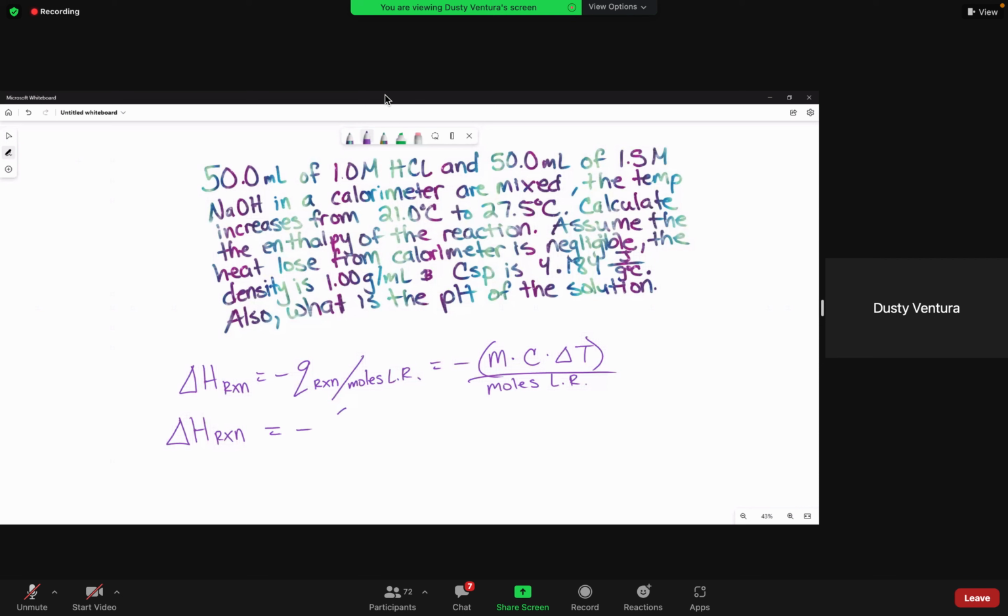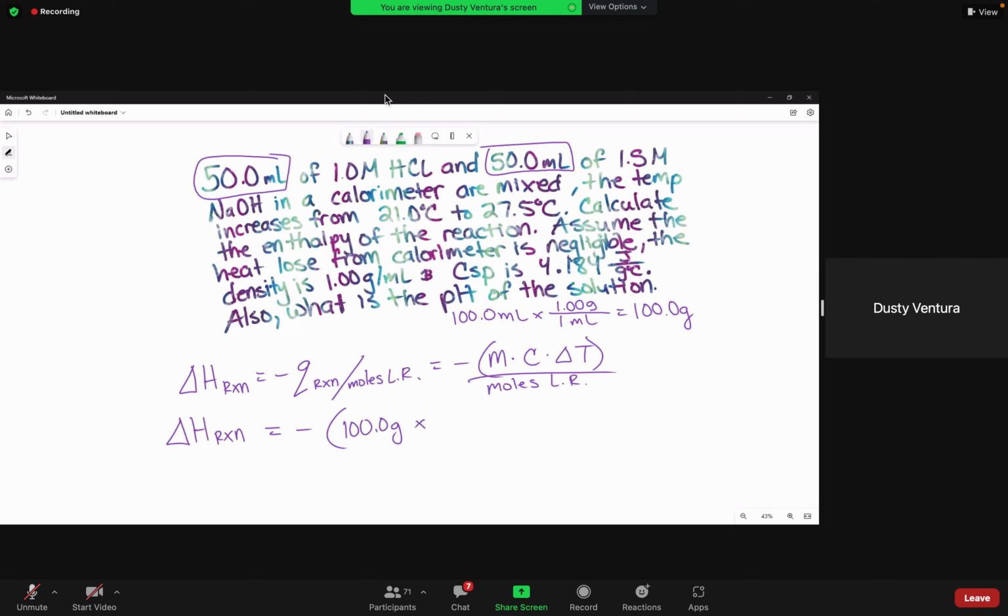is equal to negative. So the mass of my reaction is the sum of the two liquids that I threw together. So I threw 50 mL and 50 mL together, which is 100 mL. And the density of the solution is 1.00 gram per 1 mL, so that's just 100 grams.